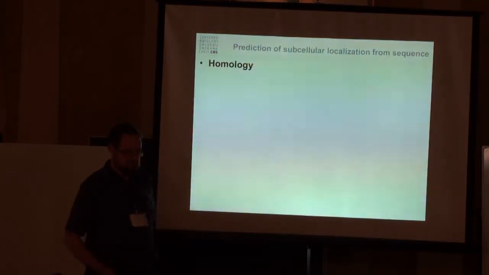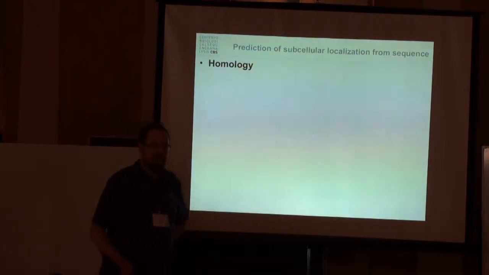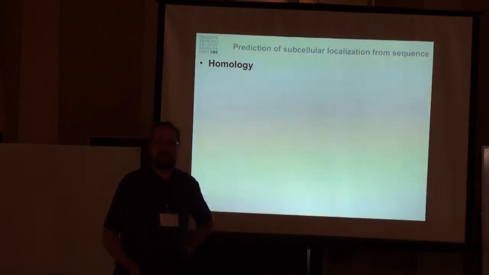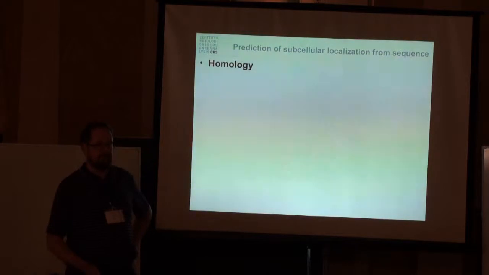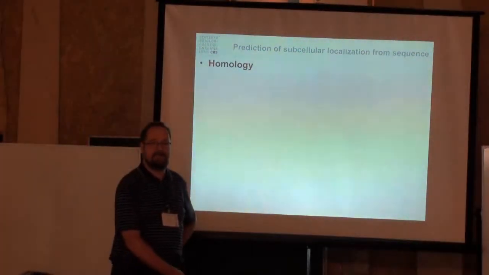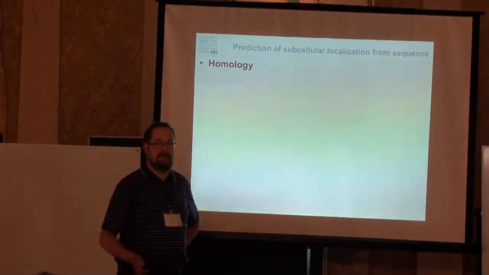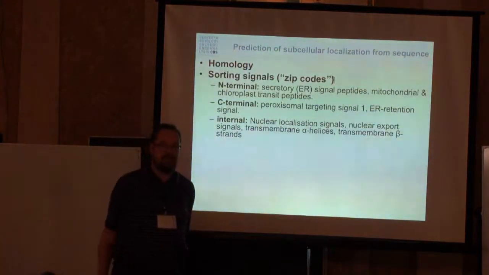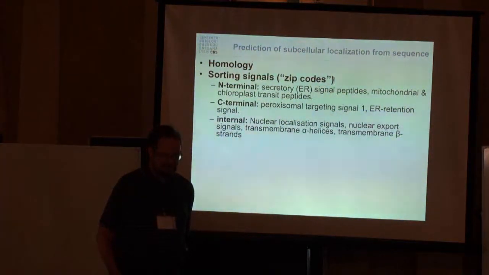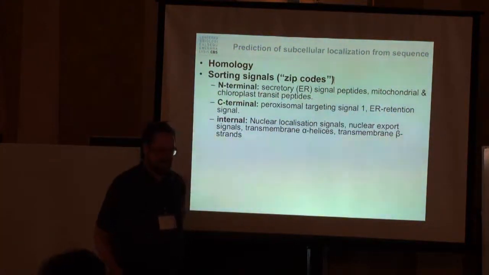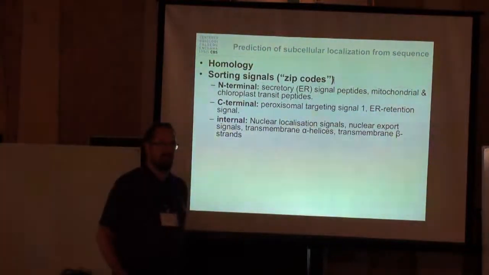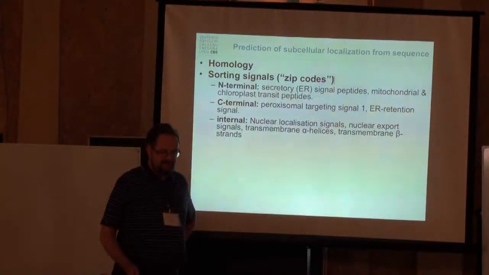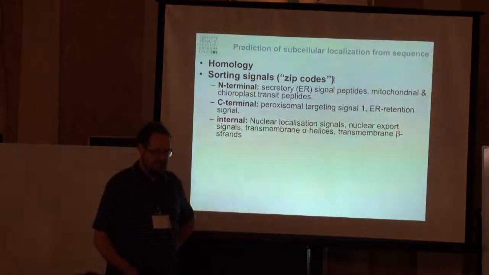Now, prediction of subcellular localization from sequence can be divided into basically 3 different kinds of approaches. You can use homology. Simply assume that your protein has the same localization as a homolog with known localization. Then you can try to identify the actual sorting signals, the zip codes of the proteins, and there are several examples of these: N-terminal, C-terminal, or internal.